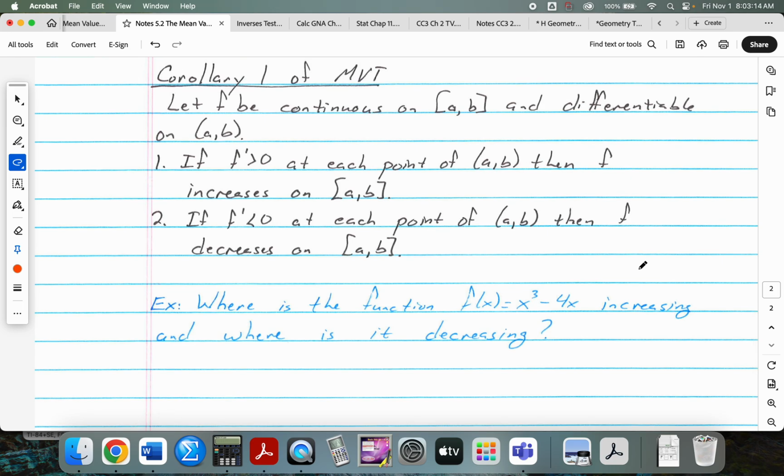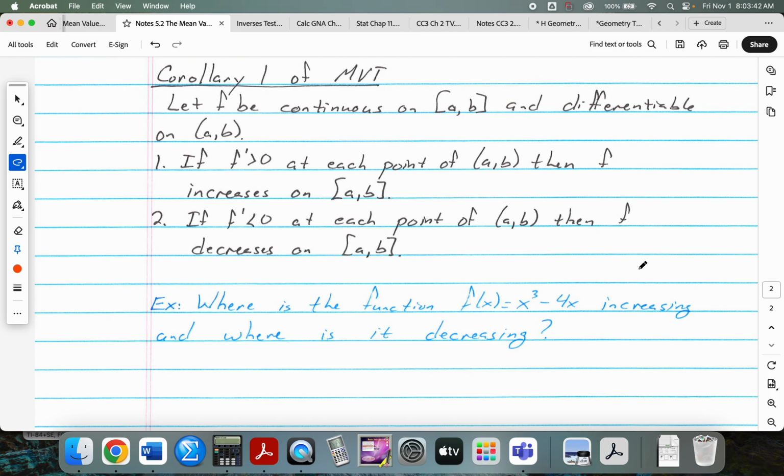So this is super important. This is one of the corollaries of the mean value theorem. And it says that if f is a continuous function on the closed interval from a to b and differentiable on the open interval from a to b, and you're like, hey, I recognize that, those are the qualifications for using the mean value theorem.